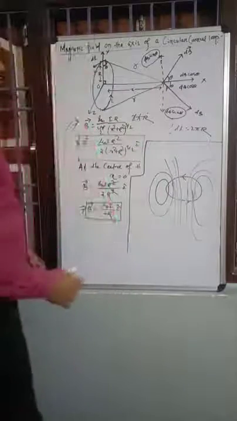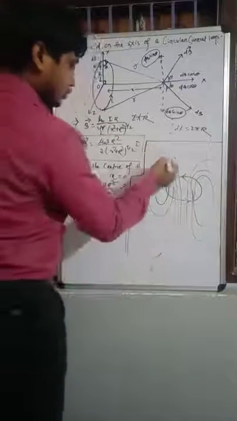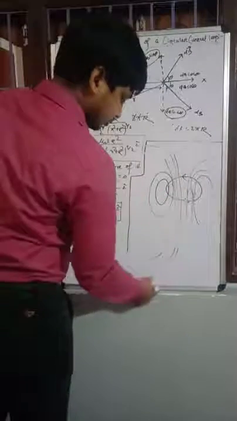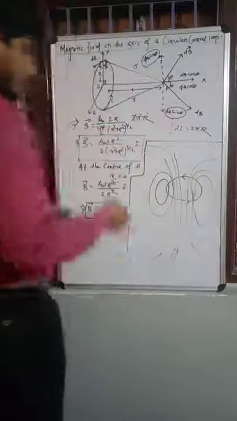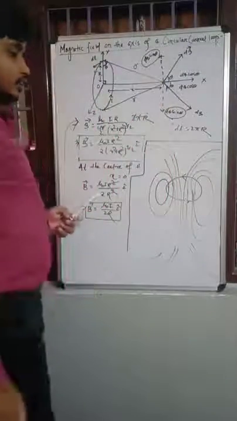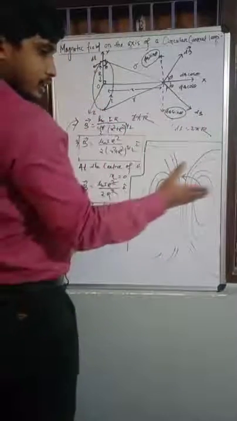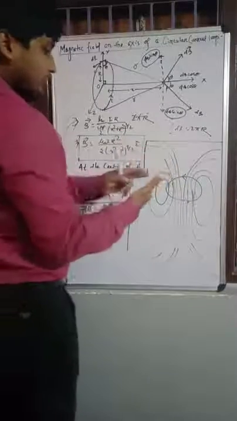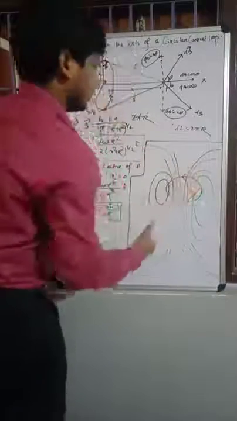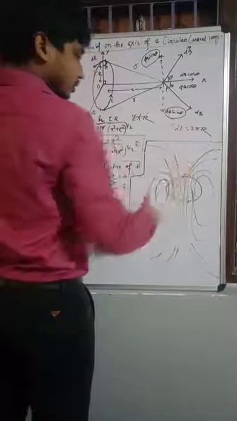And what about its direction? These will also be closed ones. Now to find out the direction of this magnetic field, by using the right hand thumb rule, you stretch your hand like this and you curl your 4 fingers around the direction of the current, and the extended thumb will give the direction of the magnetic field.